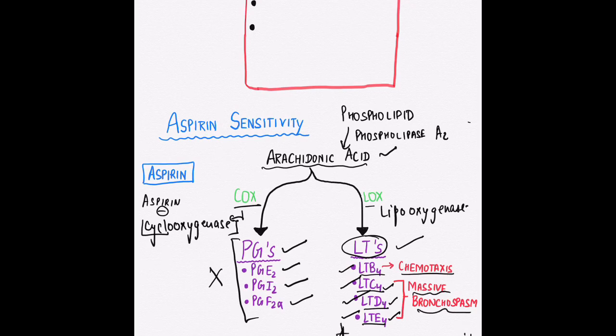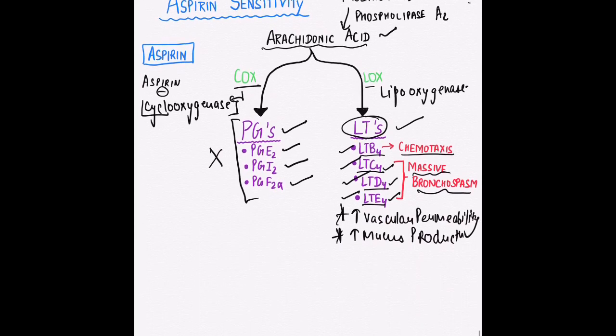In addition, they also increase the vascular permeability of the capillaries of the alveoli and enhance mucus production within the airways. And in this way, they precipitate the attack of asthma.